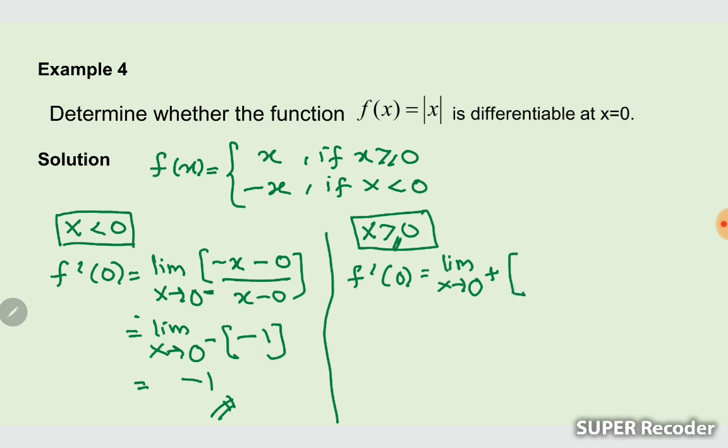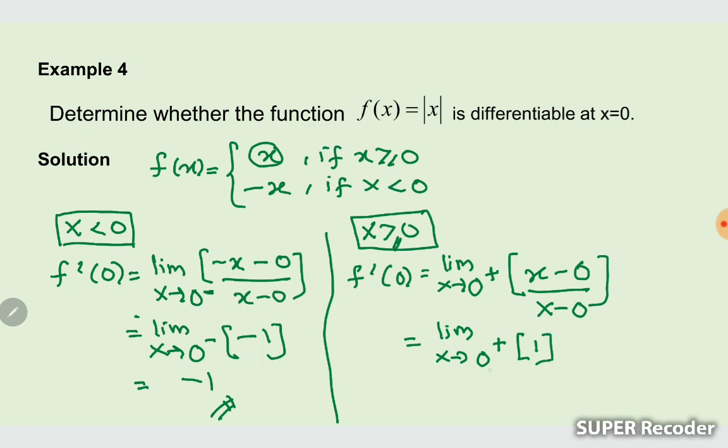What is f(x) when x approaches 0 from the right? The answer is x. So x minus f(0), and f(0) is 0, over x minus 0. So the limit as x approaches 0 from the right of x over x is 1. So the answer is 1.